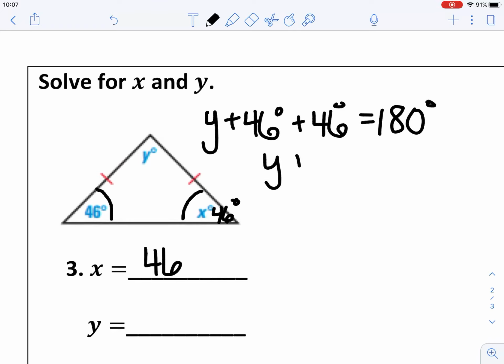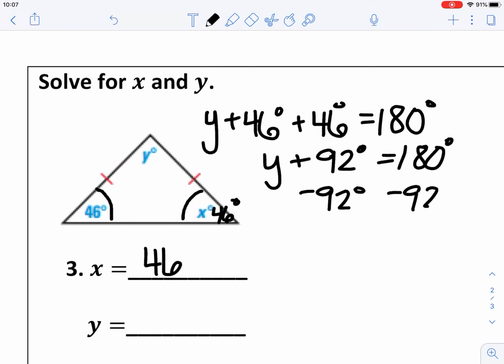Y plus 92 degrees equals 180 degrees. And if I subtract 92 from both sides, we can see that y is equal to 88.